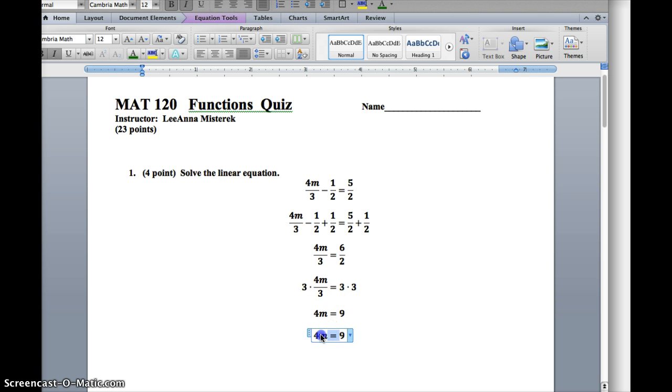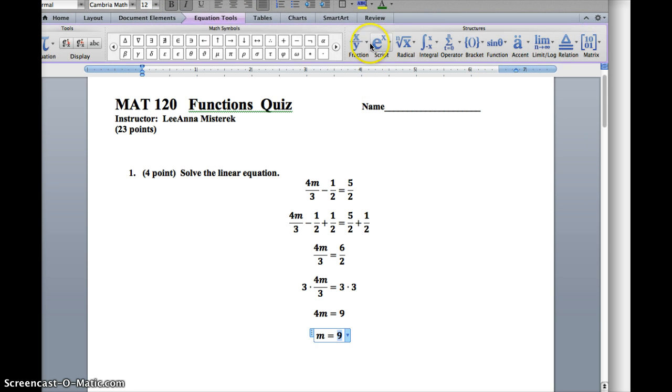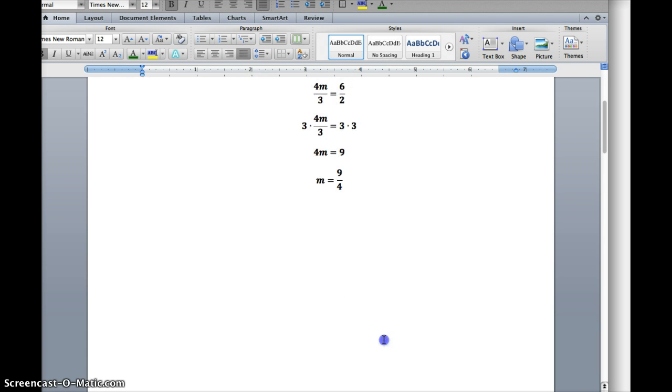And then, no surprise, after dividing both sides by 4, you're left with 9/4. So that's the first one.